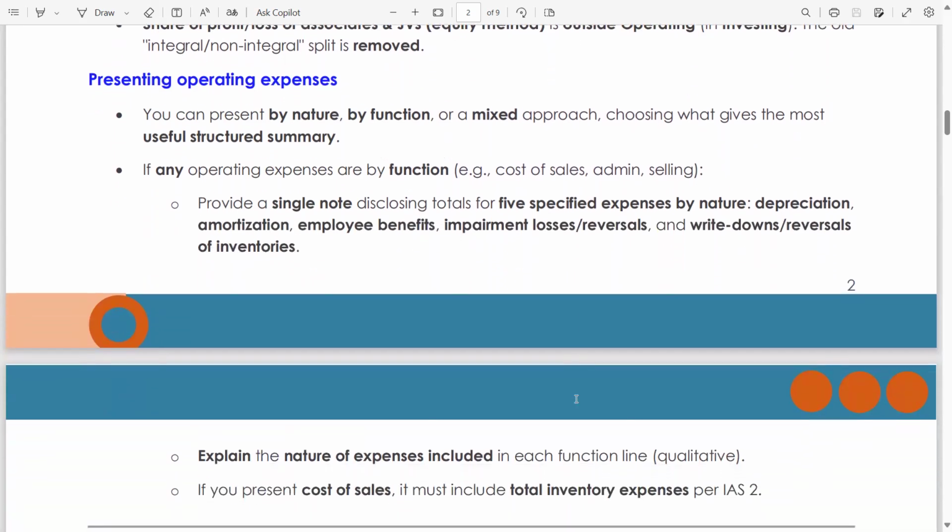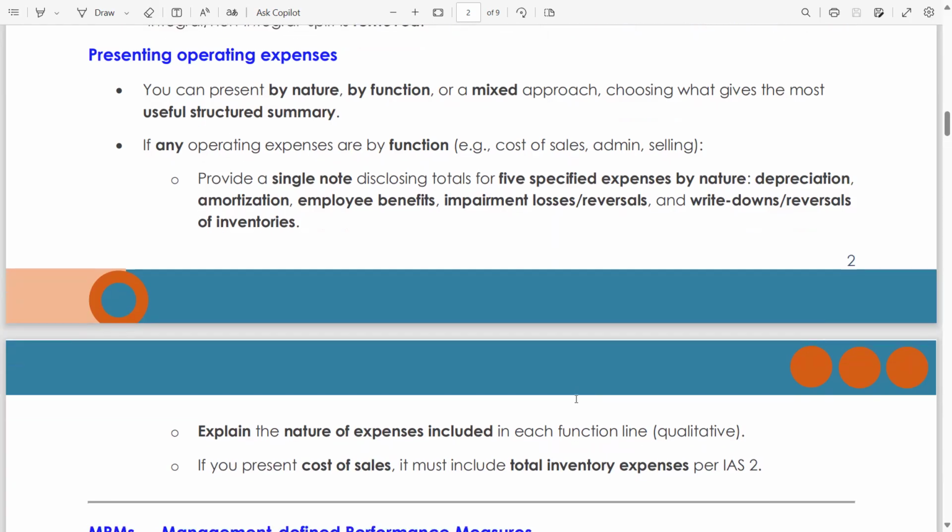Presenting operating expenses: you can present by nature, by function, or a mixed approach, choosing what gives the most useful structured summary. If any operating expenses are presented by function, such as cost of sales, admin, and selling, provide a single note disclosing totals for 5 specified expenses by nature: depreciation, amortization, employee benefits (IAS 19), impairment losses (IAS 36), and write-downs and reversals of inventories (IAS 2).